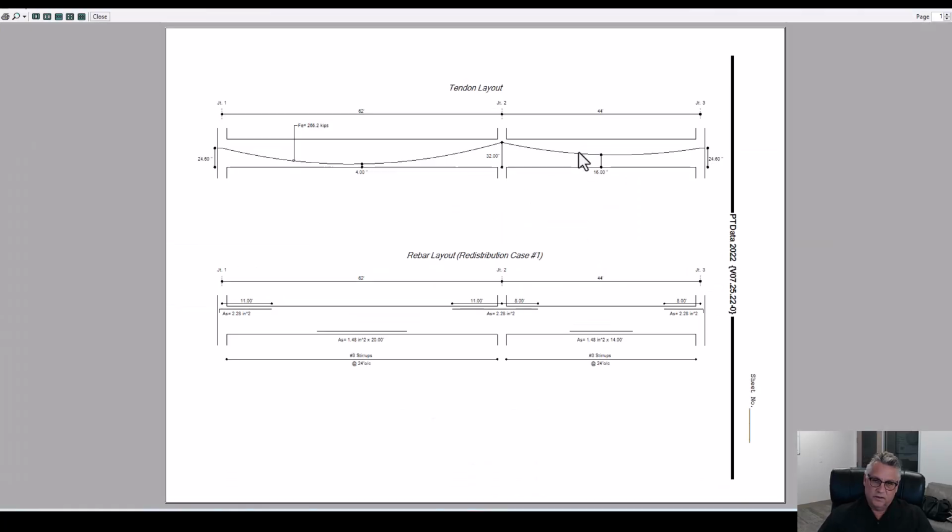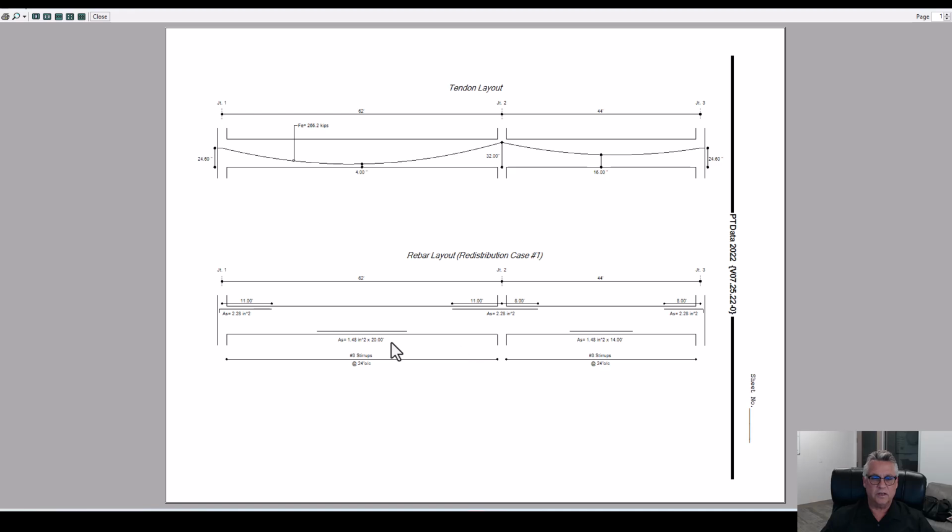And PT Data has done everything. It's done the stress checks. It told us that the flexural tensile stresses were okay, which is all any normal design really cares about for satisfying the code. It's now designed, checked the minimum steel provided, checked against the demand moment, added it as necessary.